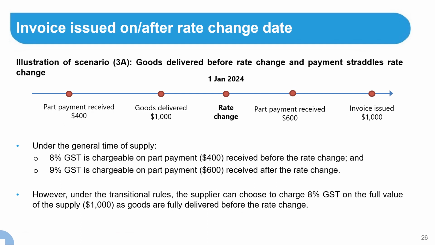According to the general rule, 8% GST is chargeable on $400 received before the rate change date, and 9% GST is chargeable on $600 received after the rate change date. However, under the transitional rules, the supplier can choose to charge GST at 8% on the entire value of the supply, as the goods are fully delivered before the rate change date.